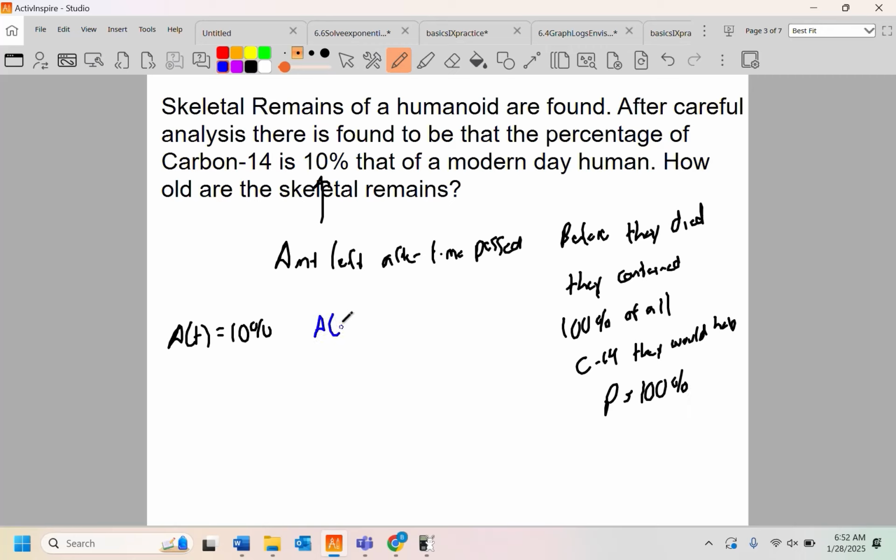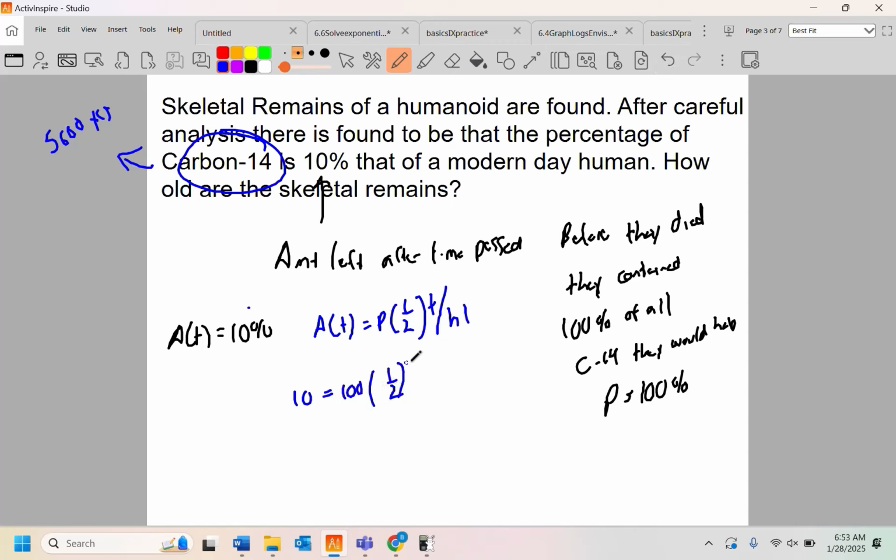So the amount after time is the principal times 1/2 to the t over half-life. And it's carbon-14, and we just looked at the notes, it's 5,600 years. So 10%, and I'm going to drop the percentage symbols, equals 100% times 1/2 to the time over 5,600.